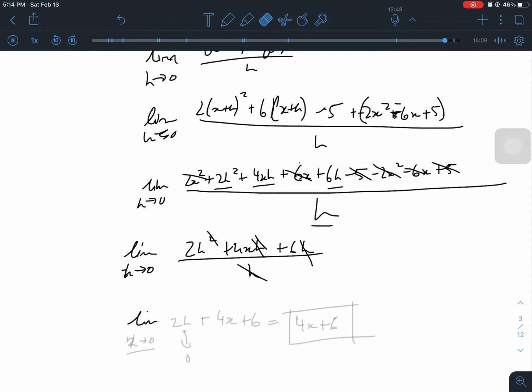We're left with 2h plus 4x plus 6. And h is approaching 0, so that's 0. That equals 4x plus 6. Nice.